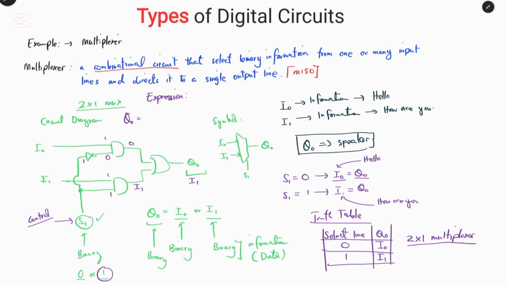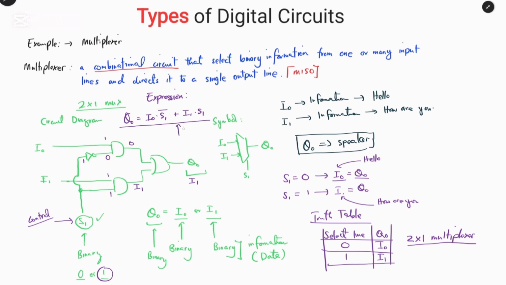So we will have I0 dot S1 bar plus I1 dot S1. So this can be our expression.